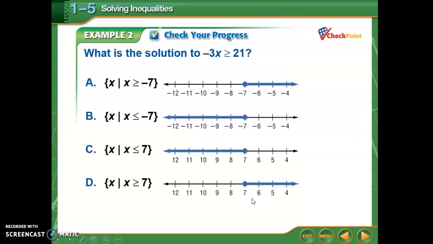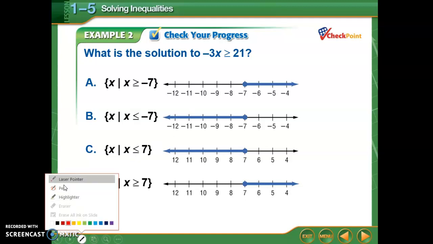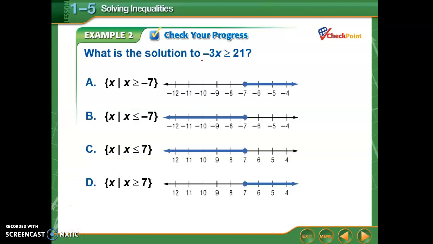All right, let's check your progress. Try this one: negative 3x is greater than or equal to 21. So what you will do here is just divide both sides by negative 3, and that is your answer. Don't forget to switch the sign. So negative 3, you cancel that out.